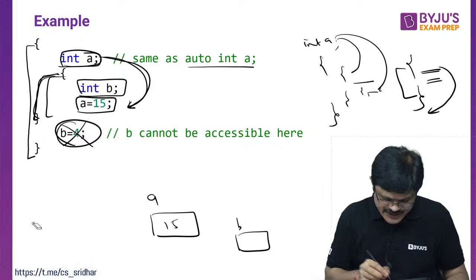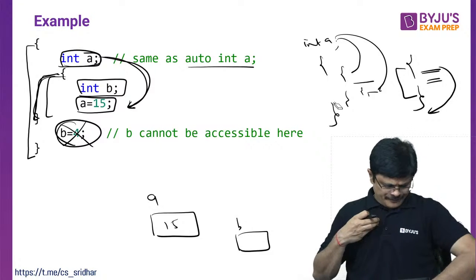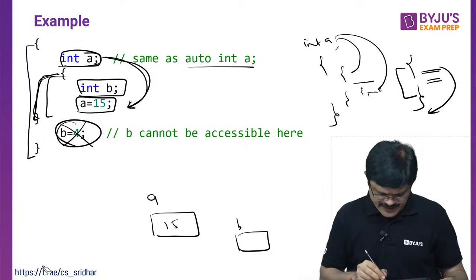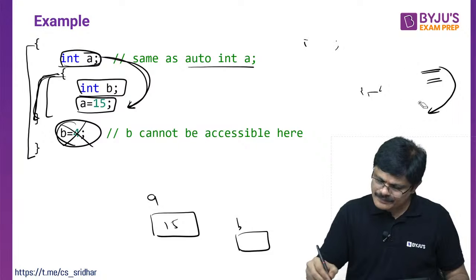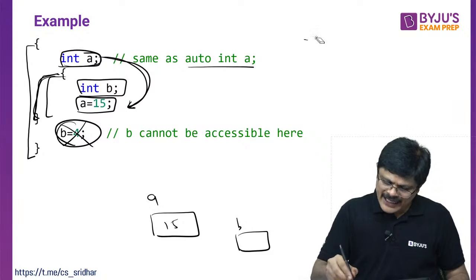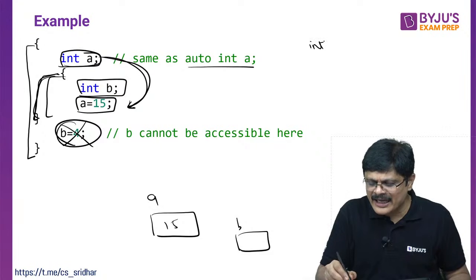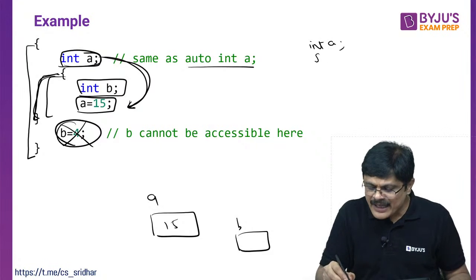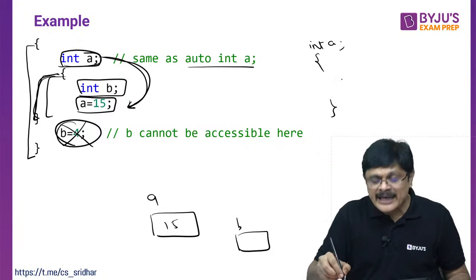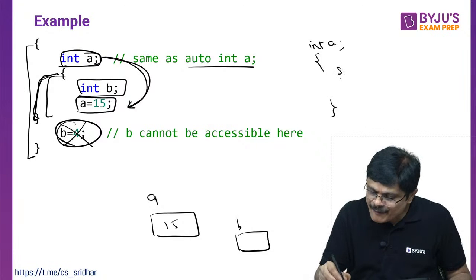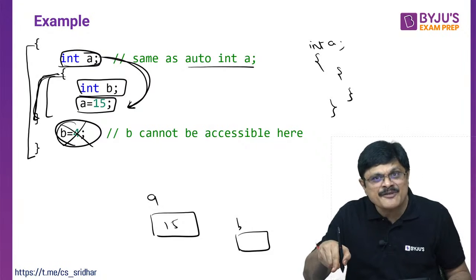So let me put this in a simple manner, my dear friends. The idea is like this. Suppose you have an integer variable, and you have some block. A can be accessed in this block. Even if you have one more block, A can be accessed within that block.